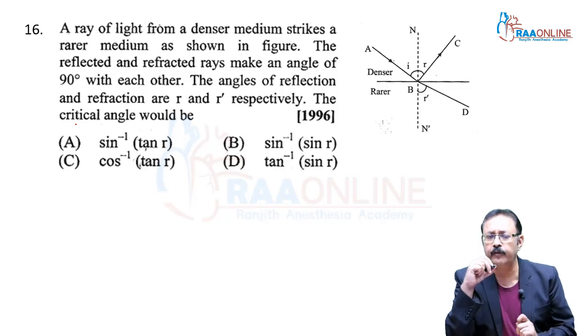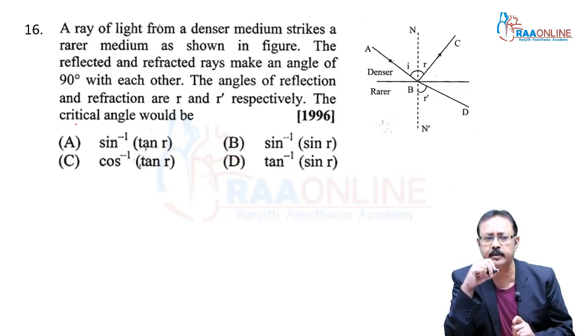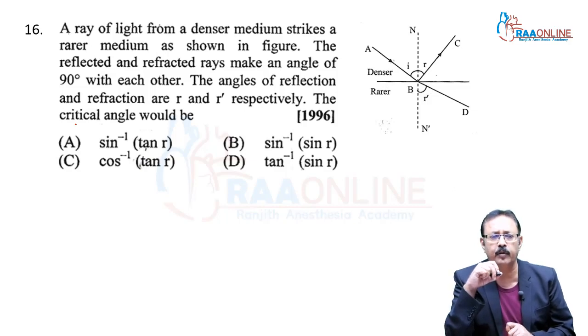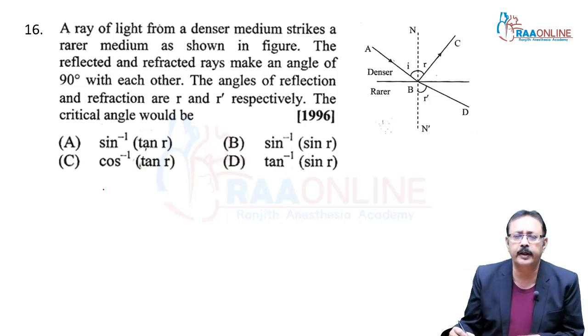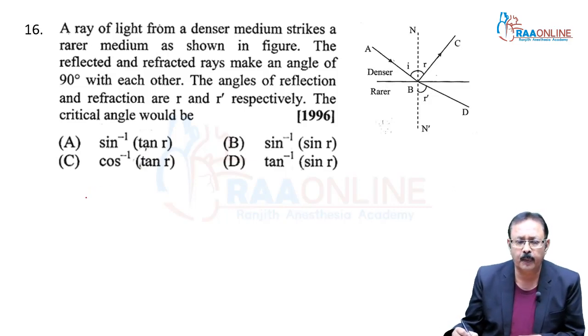16. A ray of light from a denser medium strikes a rarer medium. The reflected and refracted rays are perpendicular to each other. We want to calculate the critical angle.